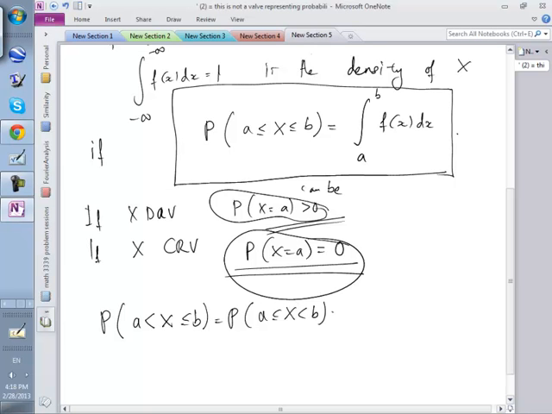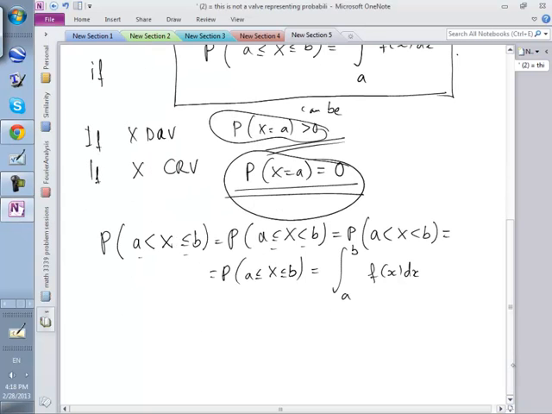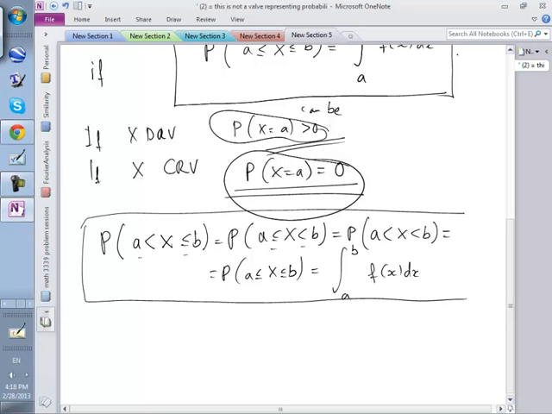So no matter how you treat the endpoints of the integral, what kind of inequalities you use here, always these probabilities are going to be equal to the integral of the density function from a to b. Okay? And that follows precisely from the fact that for continuous random variables we have this property.